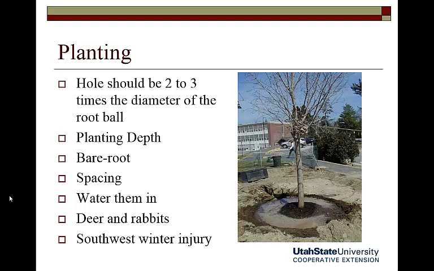I don't like to add a lot of amendments in the hole. I'm going to water it in, and I'm going to make sure that the tree is about level with the existing ground. A lot of times people will dig the hole deeper, put the soil back in, and then the tree will settle. Then they'll come back in and put more soil up there.